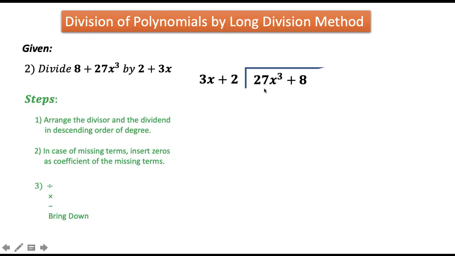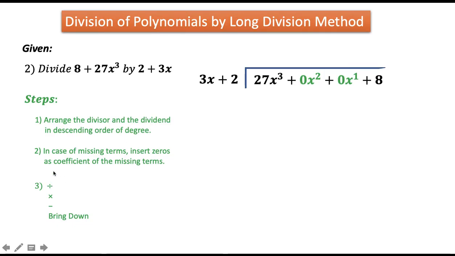So we're going to insert those terms, but the coefficient is 0. Why is it 0? Because we don't want the value to be affected. Although we added x squared and x raised to 1, since the coefficients are 0, the value is still the same and will not affect the value of the given, which is 27x cubed plus 8.